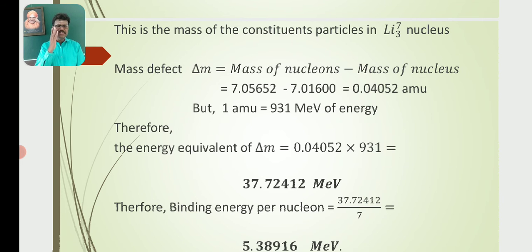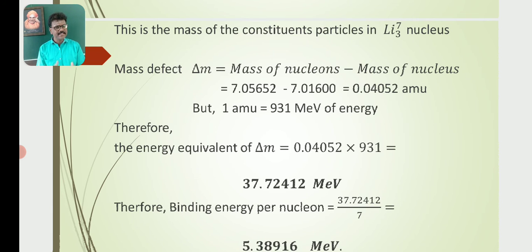But we know that the amount of energy released when 1 AMU of mass is converted into energy is equal to 931 mega electron volt. Therefore, the energy equivalent of delta M is 0.04052 into 931.